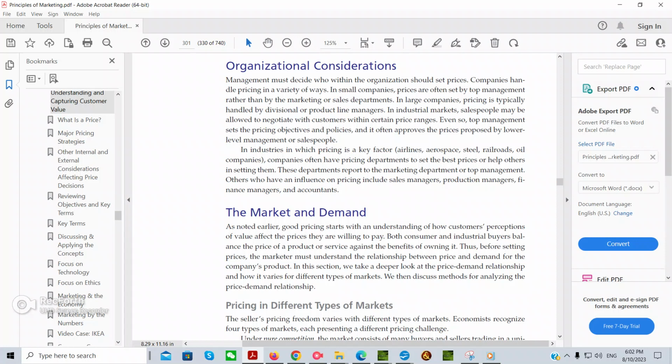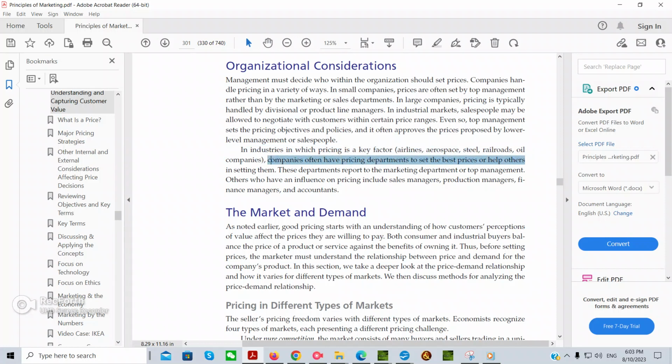In industrial markets, salespeople may be allowed to negotiate with customers within certain price ranges. Even so, top management sets the pricing objectives and policies, and it often approves the prices proposed by lower management or salespeople. In industries in which pricing is a key factor, airline, aerospace, steel, railroads, oil companies, etc.